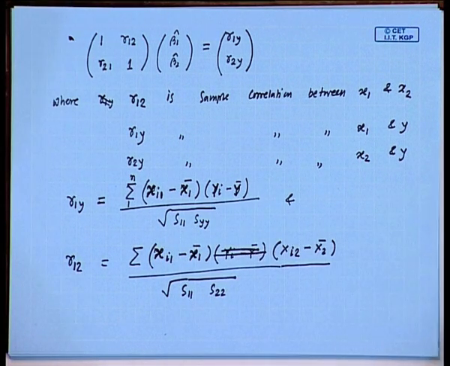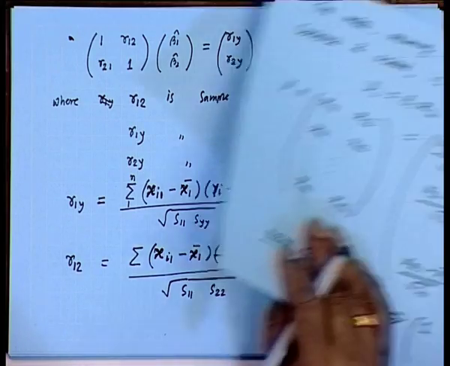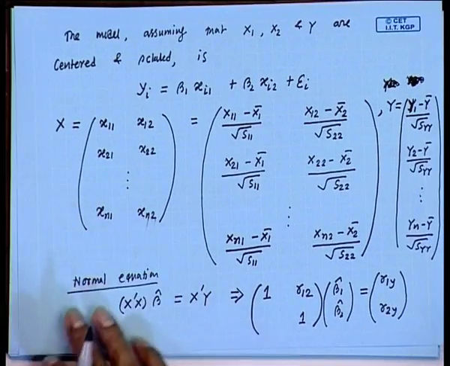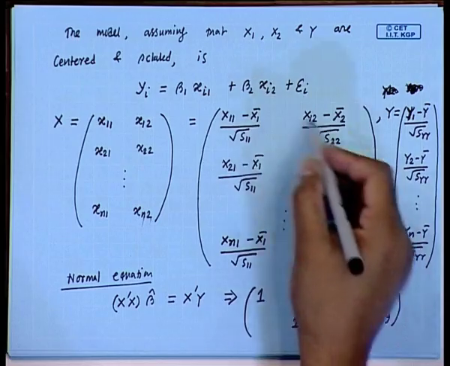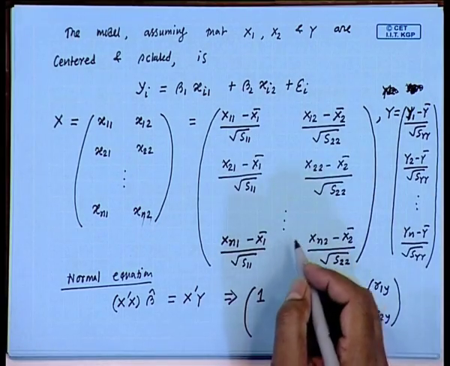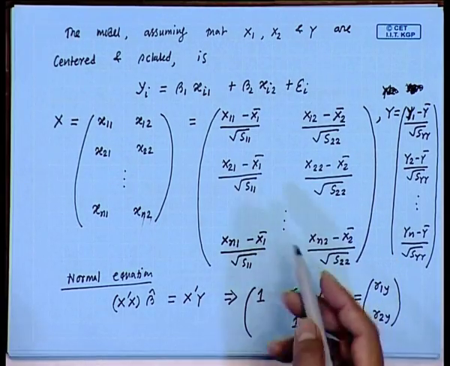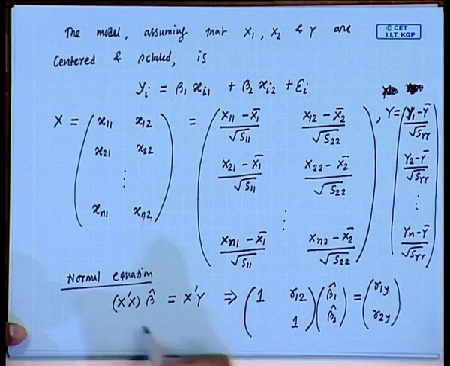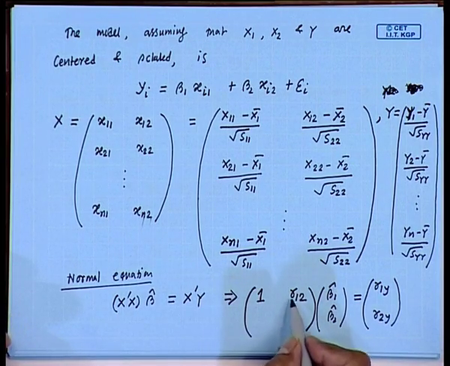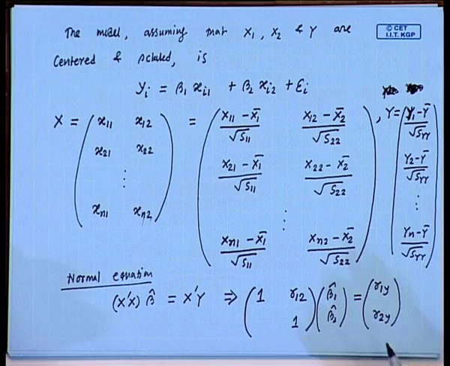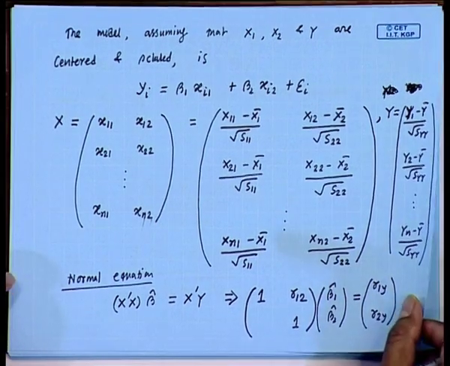Okay. So, you can check with the original X matrix. This is the X matrix for the transformed data, and then you can check why X prime X is equal to this. You know what is R12 and what is R1y, R2y, all these things.